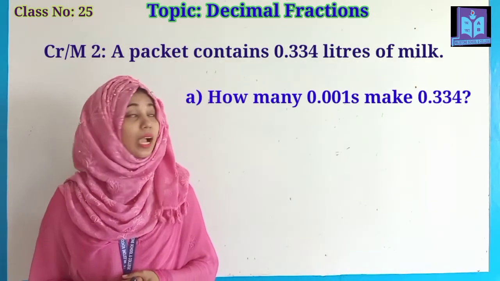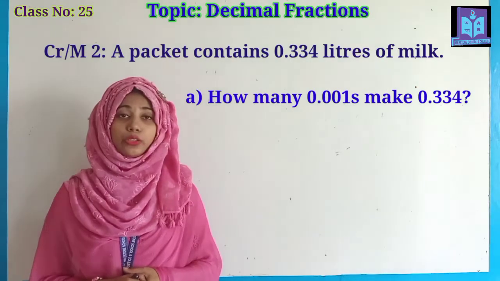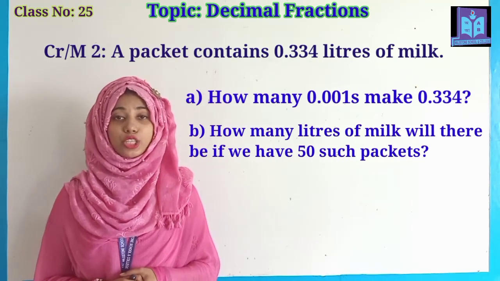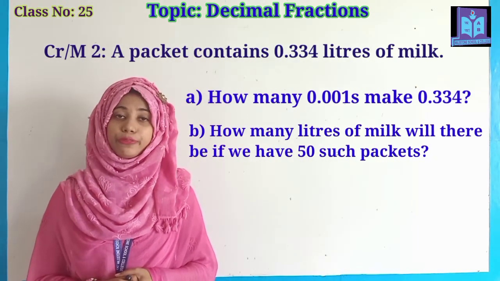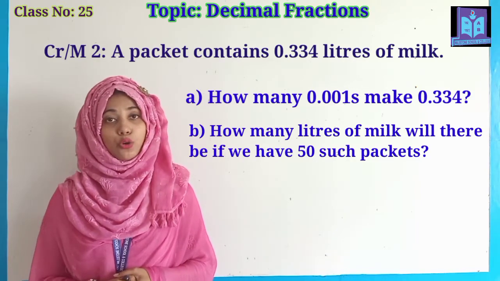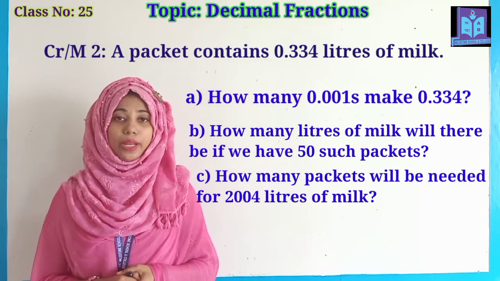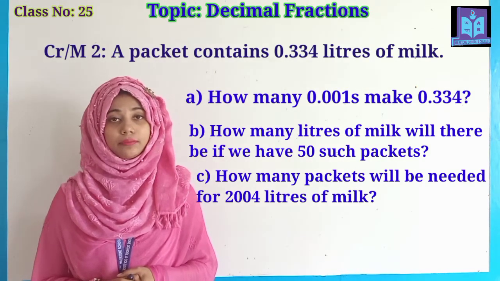Question A. How many 0.001s make 0.334? Question B. How many liters of milk will there be if we have 50 such packets? Question C. How many packets will be needed for 2004 liters of milk?